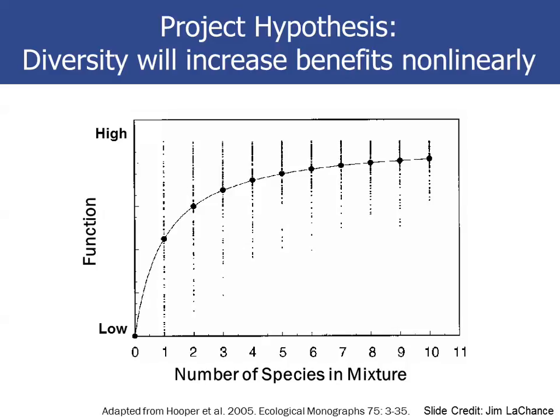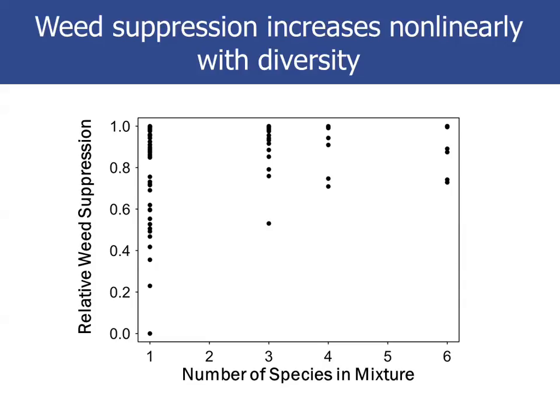On the next curve, you'll see that 1 is the best in this data set, 0 is the worst in this data set. And the shape of the curves is very similar to what you see in the ecological literature as the theoretical relationship between number of species in the mixture and your function. So at least for the function of weed suppression, we're seeing the expected response.